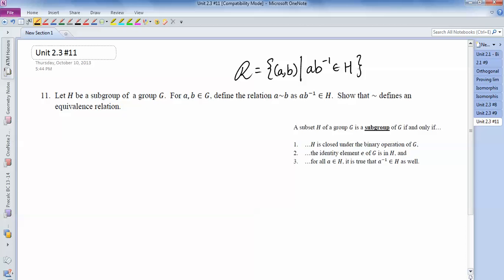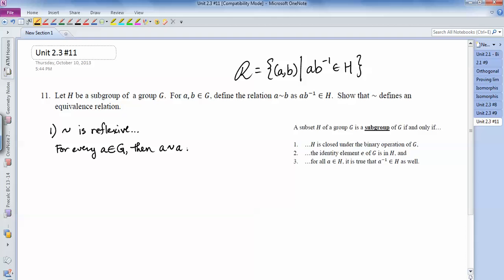Okay, so the first thing we have to do is show that our relation is reflexive. And remember, what that means is that for every element A in G, A is related to itself.